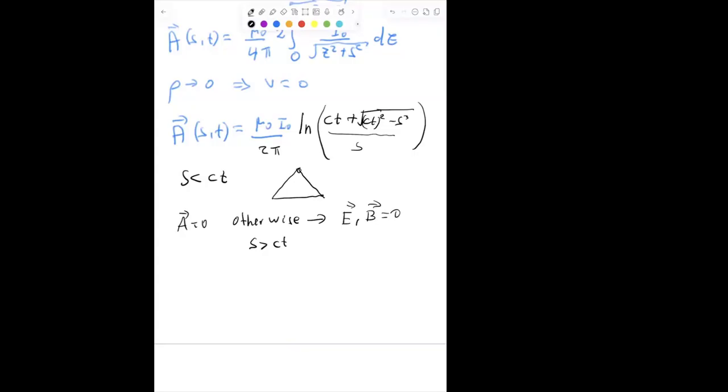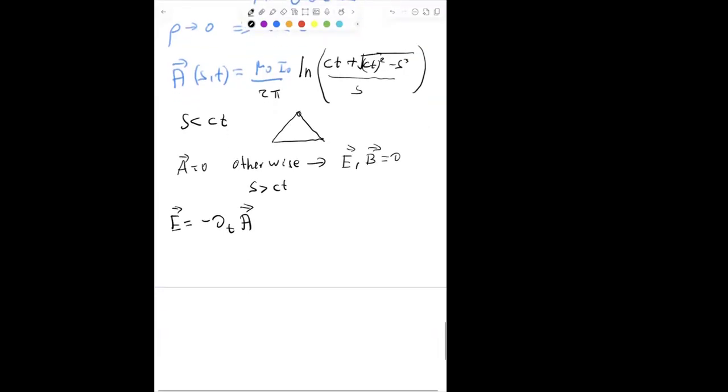Now, in principle, we can easily find d dt of A. So again, even though the potential V is 0, the electric field is not 0, unless for some reason A is independent of time. If A is independent of time, then of course this goes away.